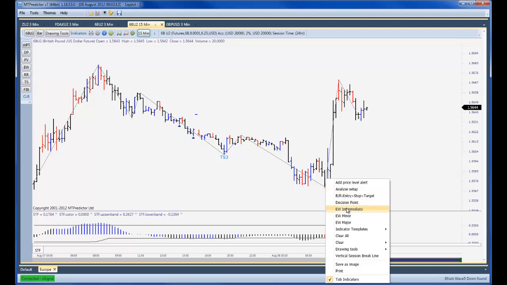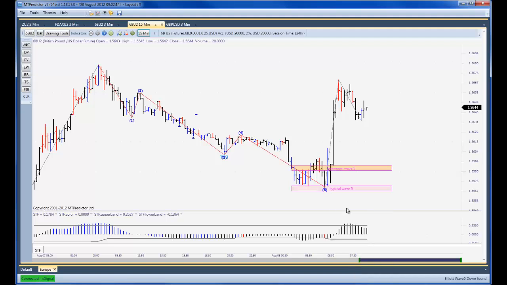Again, that's dead easy. Right mouse click, go over the bar, Elliott wave intermediate. You can see that MTPredictor has instantly found a 1, 2, 3, 4, 5. But the important point is that this low here was right at the typical wave 5 WPT. So in other words, this low here was an important or larger degree 15-minute low.